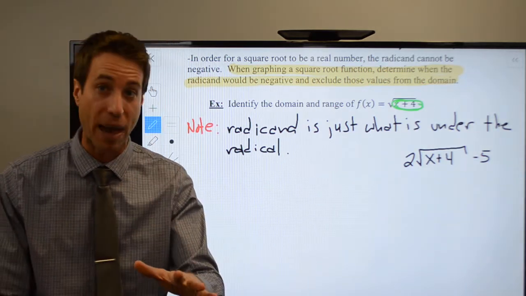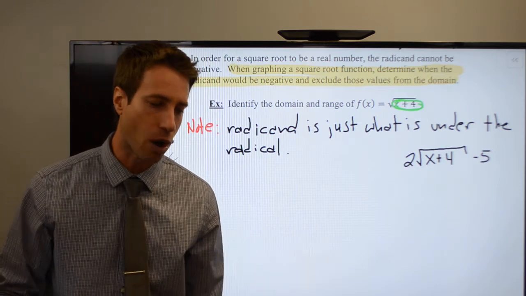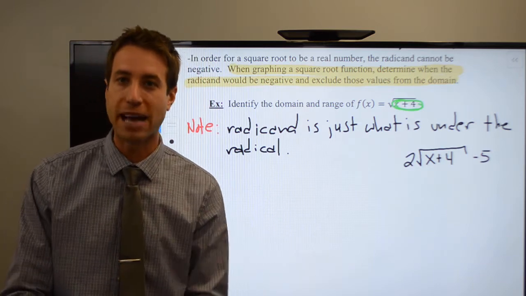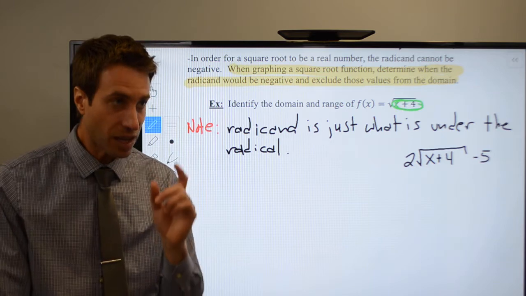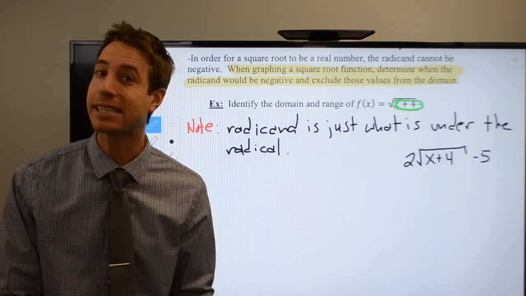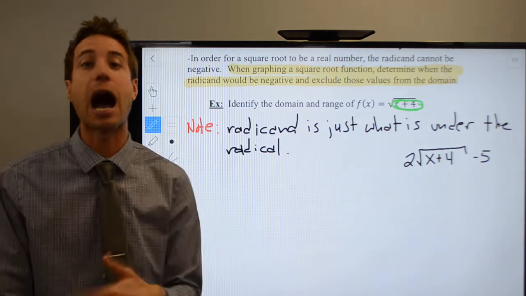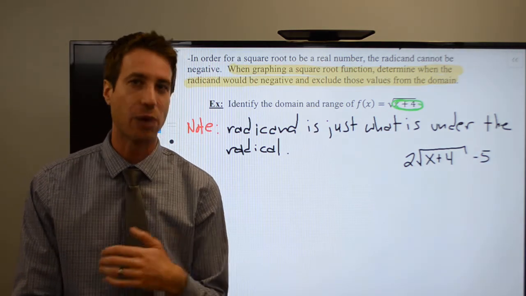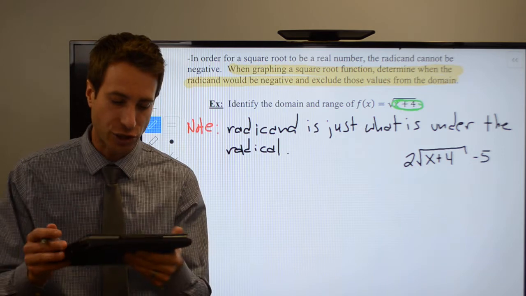Now, that's not bad. We've done plenty of problems where we've gotten imaginary solutions. The issue is we're graphing. We're not asking you to find the solutions. I'm asking you to graph, and we don't graph imaginary numbers.